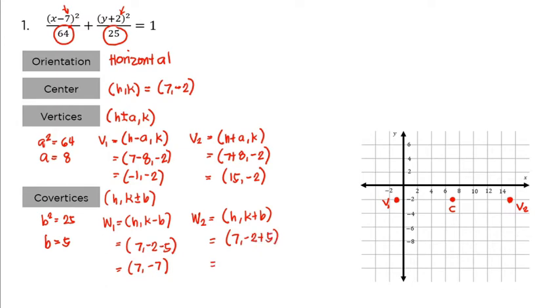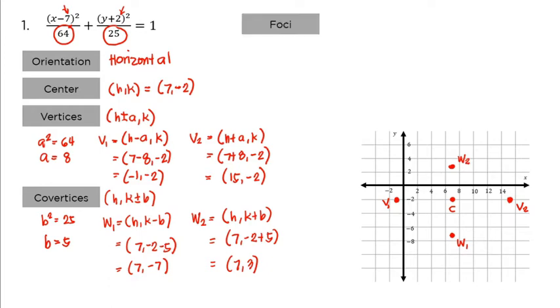We have (7, 3). Okay, so W1 is (7, negative 7), so that is here. Okay, so that is W1. W2 is (7, 3), so that is located here. So that is W2.